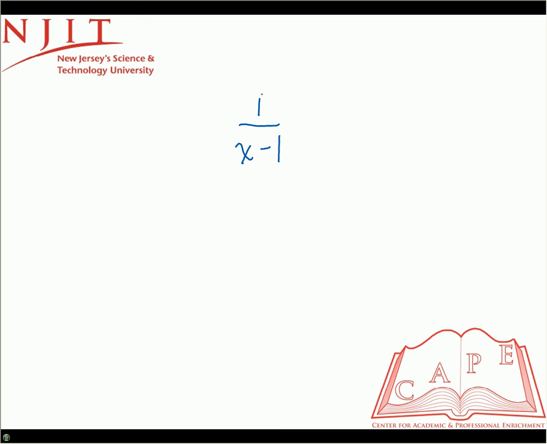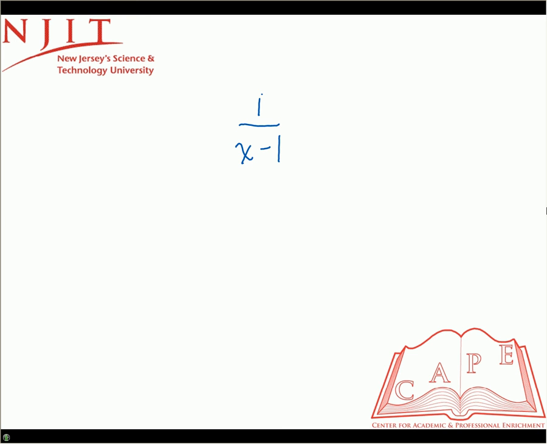So let's look at this. Here we have simply a fraction, 1 over x minus 1. Okay? Now, one of the rules of a domain is that you cannot have a 0 in the denominator, because if you have any constant over 0, that's immediately considered undefined and doesn't work. So, if we can't have a 0 in the denominator, that means that whatever value is put in for x can't cause the denominator to be 0.